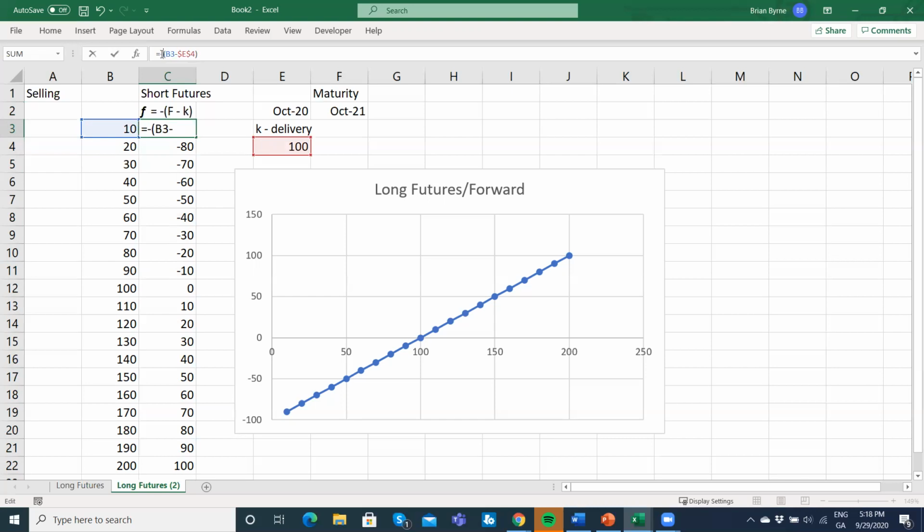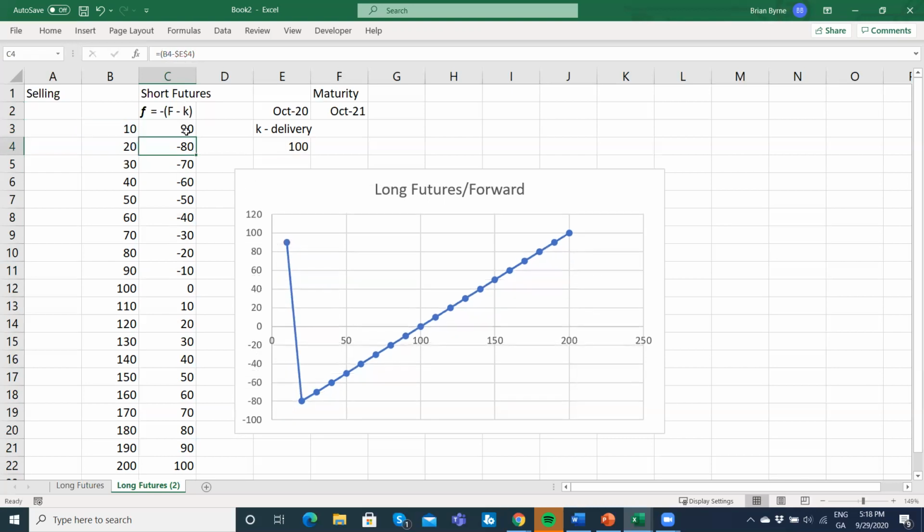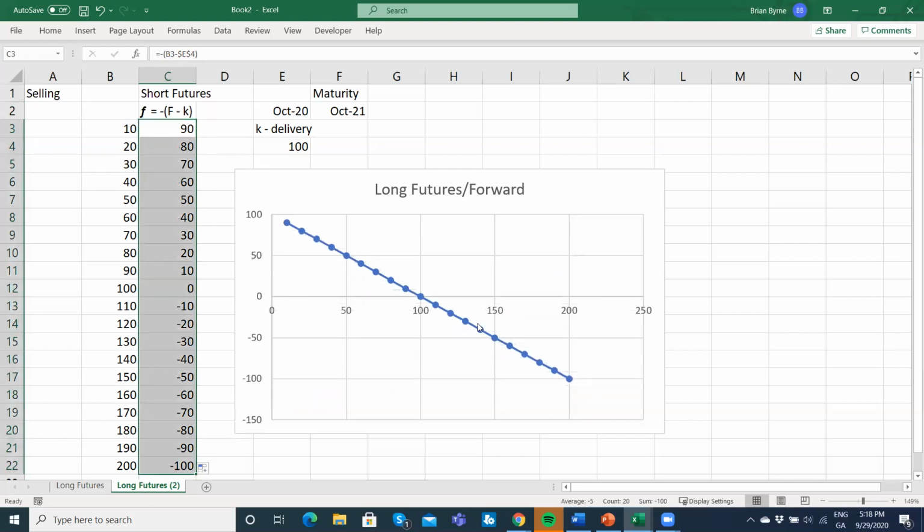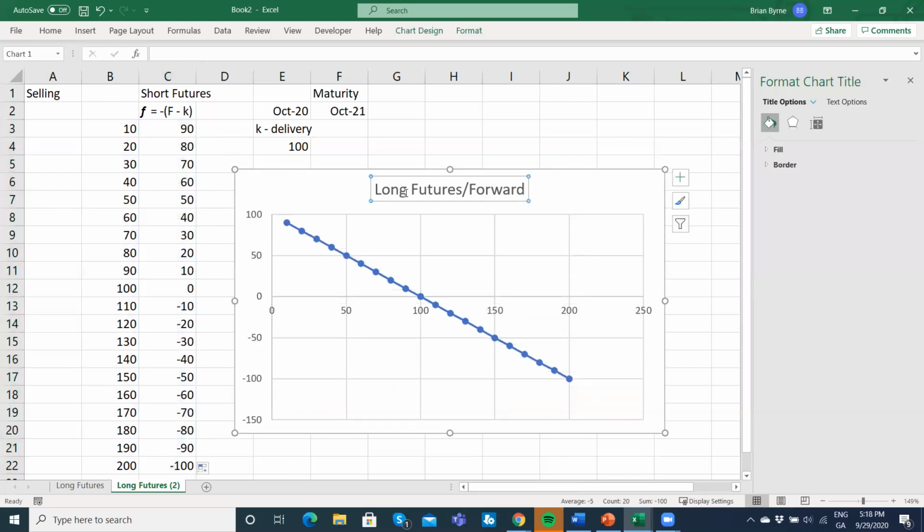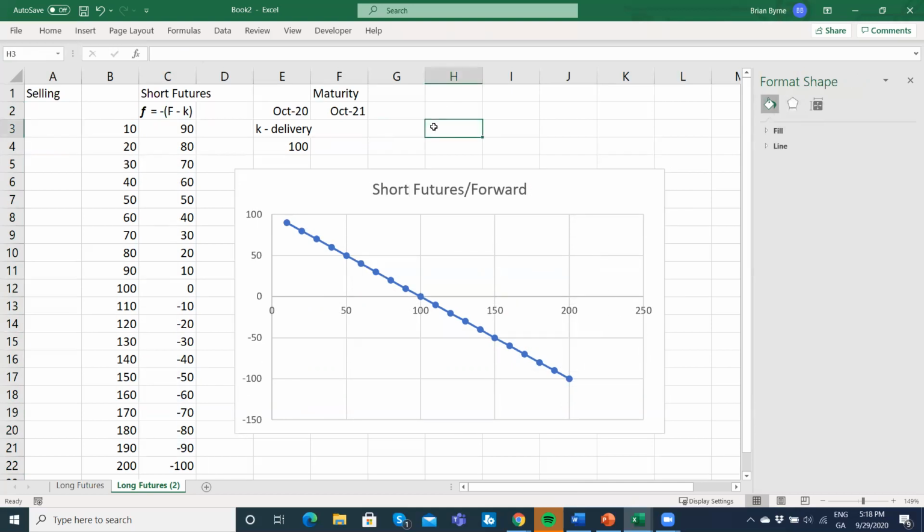That can be accomplished by putting a negative sign in front of the parameter and then dragging down, and you can see we have a different payoff structure. In this instance, we have a short position, where somebody is selling the underlying commodity, bond or currency.